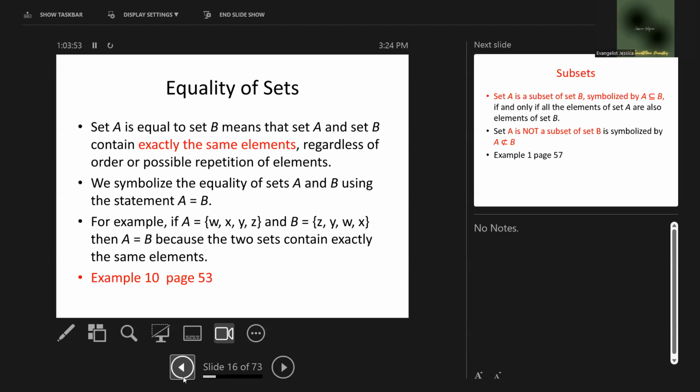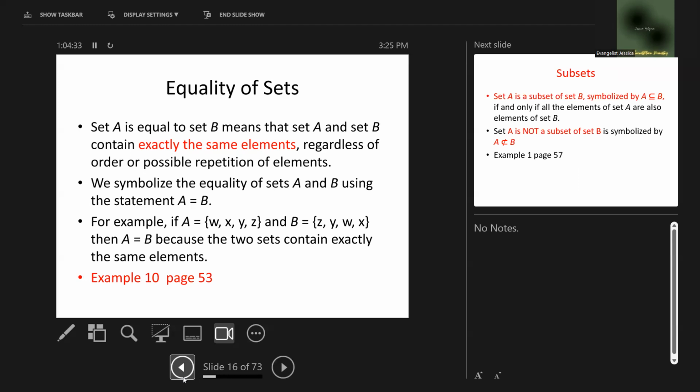Let's look at example 10 on page 53, number 8. We have a set 4, 8, 9, and the other set is 8, 9, 4. Are they equal or not? Yes. If we have a set B, 1, 3, 5, is it true to say it's equal to the other set? No. Why?